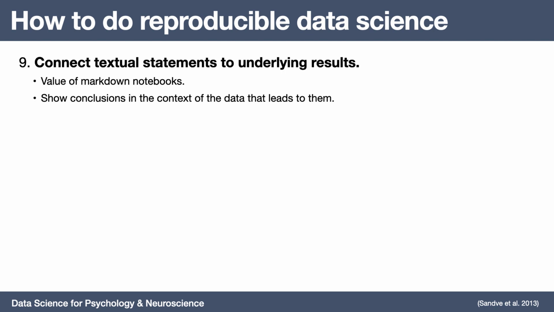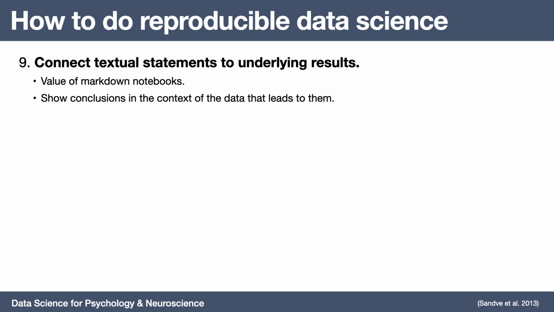Next, connect textual statements to underlying results. You want to be able to have the reader link things that they're reading, as either the text in a Jupyter notebook or in a paper, with the visualization, either as a table or a plot, of that result. You want to have this symmetry between the two, and you want to have them immediately connected.